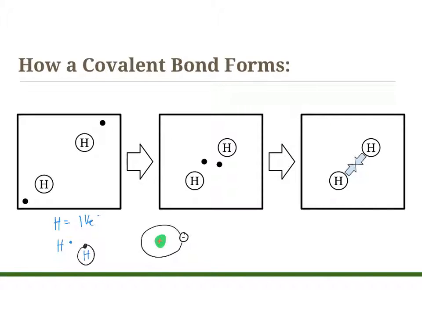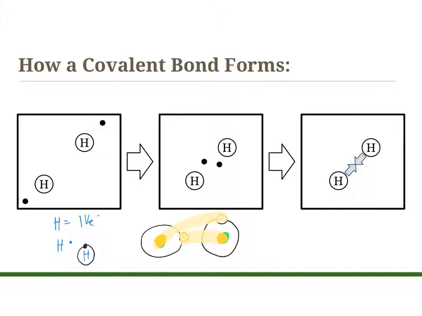But if another atom with another positive nucleus comes into contact with another atom, or with the electron, there is an attraction between the positive nucleus and the negative electron in one atom, and there's also an attraction between the positive nucleus and the negative electron in another atom.